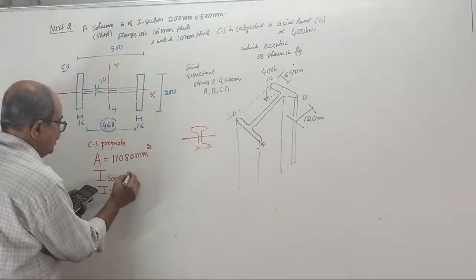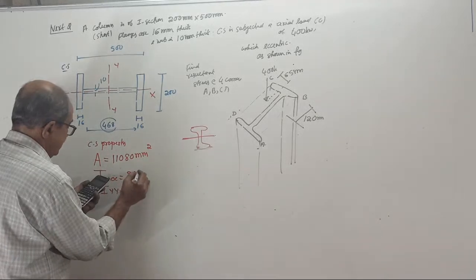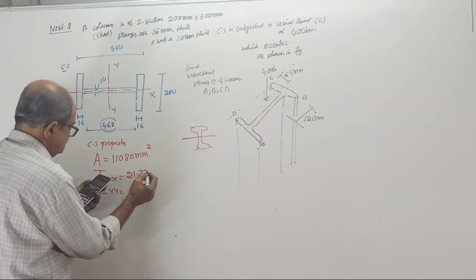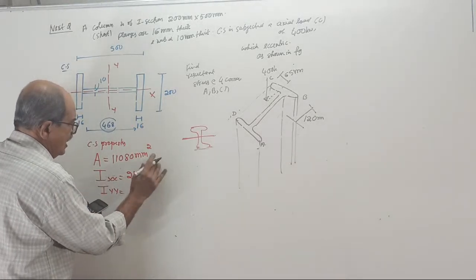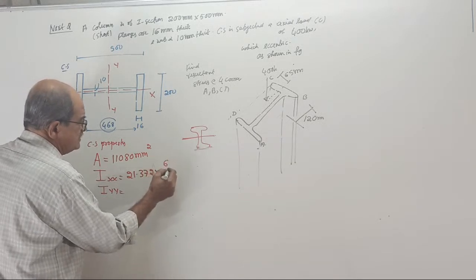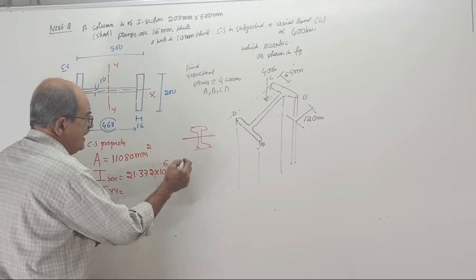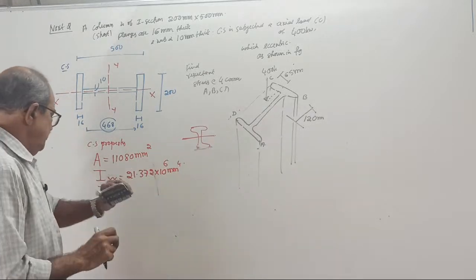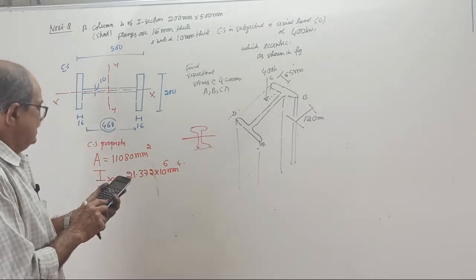IXX will be 372 times 10 to the power 6 millimeter to the power 4. Tell me, anybody getting the answer? Check the answer.